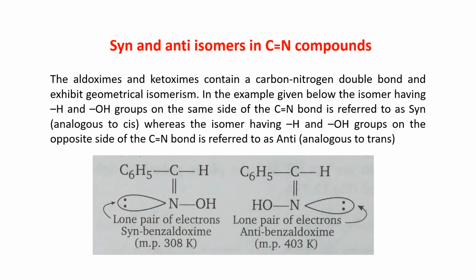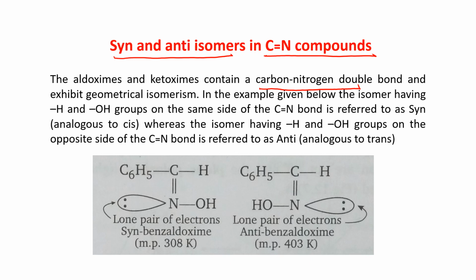Now, another type of geometrical isomerism, that is syn and anti isomerism, which is associated with carbon-nitrogen compounds. The aldoximes and ketoximes contain a carbon-nitrogen double bond and exhibit geometrical isomerism.